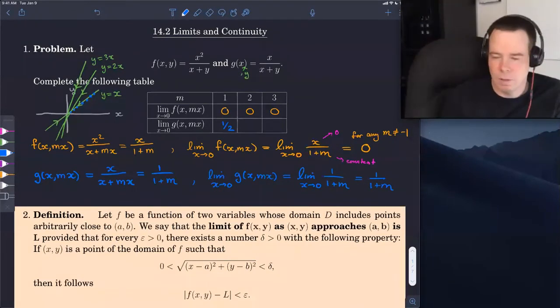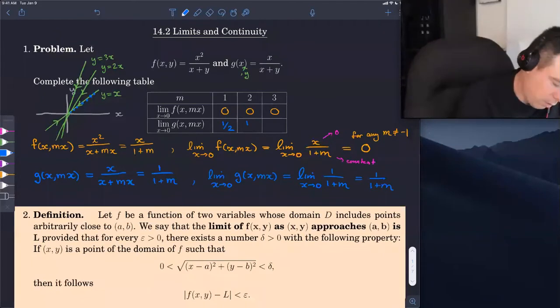So our function values approach a half. But if I move along a different line towards the origin, y equals 2x, I get a limiting value of 1 over 1 plus m, in this case, 1 over 1 plus 2. So I get a third.